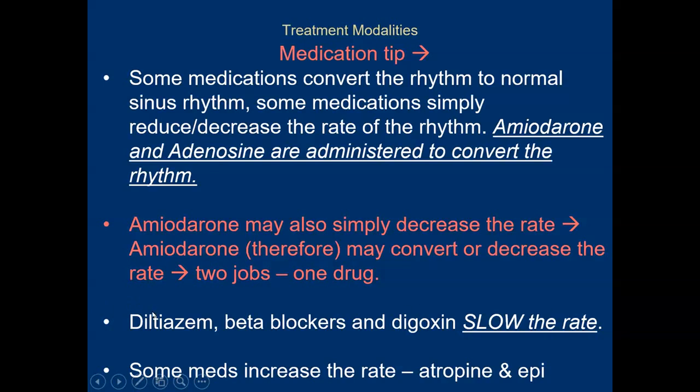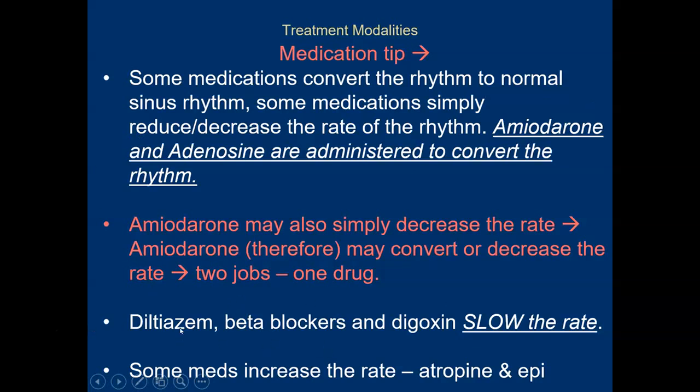Remember, with AFib, the atria quiver like jello, and it's just showering the ventricle with electrical activity, and the ventricles are responding by beating. Now, there are some drugs, such as amiodarone and adenosine, that actually chemically convert the rhythm. They can change these rhythms from whatever they are to sinus rhythm. And so that's the key for you to know: what is the action of the drug? Is it to convert the rhythm, or is it to slow the rhythm down?